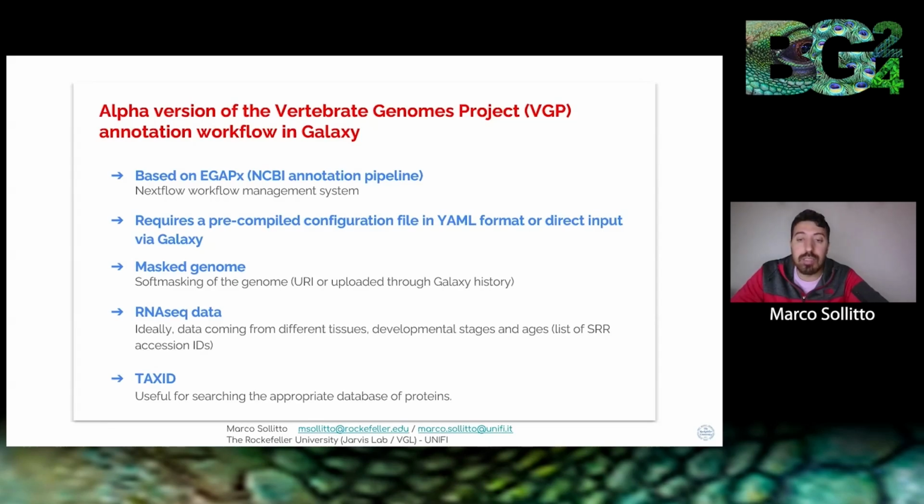And of course, this would help to create a more complete and more accurate annotation of this genome. But of course, not always this kind of data is available. And the last mandatory input is the taxonomic identifier, which allows for searching the appropriate database of proteins.